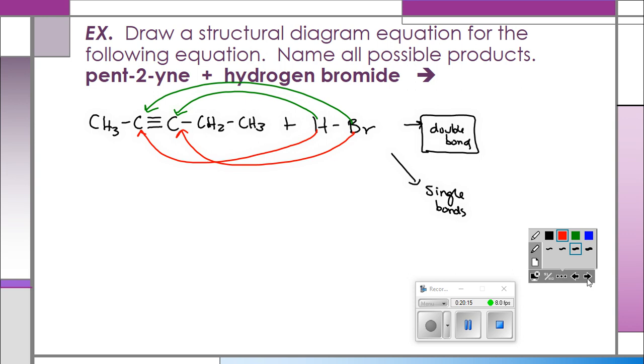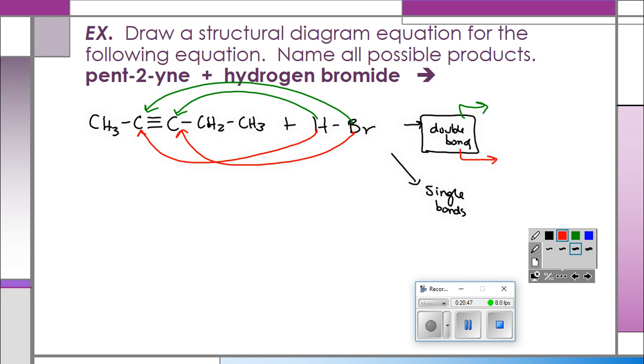And I'd like for you to take a minute and see if you can come up with the name of the product. So we're just going to break the triple bond into a double bond. And there are two potential products that we could have. One if we do what's in green, and one if we do what's in red. So if we follow the path that's in green, that's on the top, I'd be adding hydrogen to the third carbon and bromine to the second carbon.